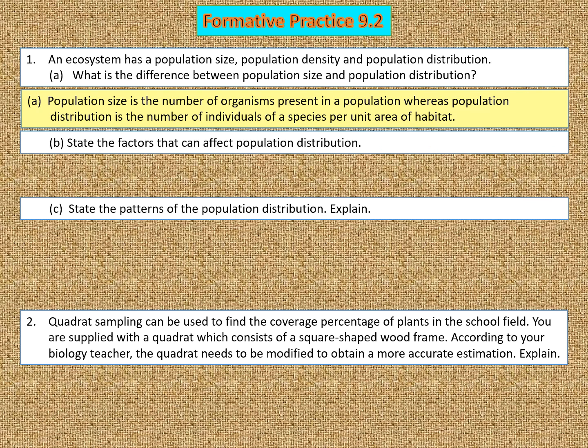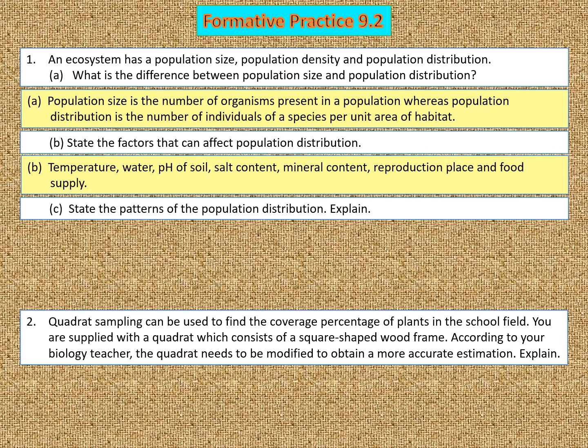Okay. B. State the factors that can affect population distribution. Temperature, water, pH of soil, salt content, mineral contents, reproduction place, and food supply.